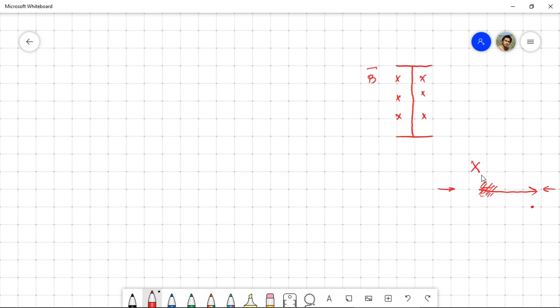So whenever a cross is mentioned in any book or scenario, it means the direction is going into the screen. And whenever there is a dot, it means the magnetic field is coming out of the screen. So the dot is basically the head of the arrow, and the cross is the tail of the arrow.